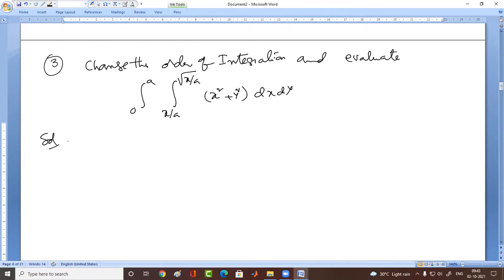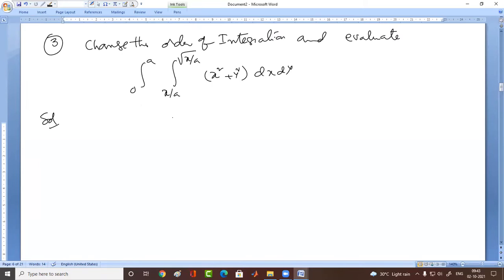Okay. What is the given problem? First, 0 to a, x by a to root over x by a, x square plus y square dx dy. So this is in terms of y, this is in terms of x, because of variable limits in terms of x. What is the lower curve?